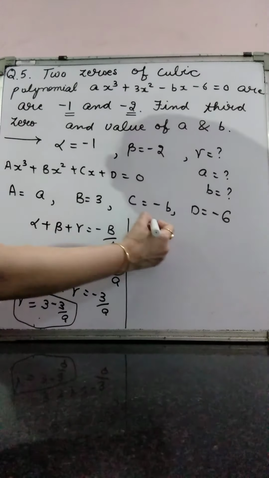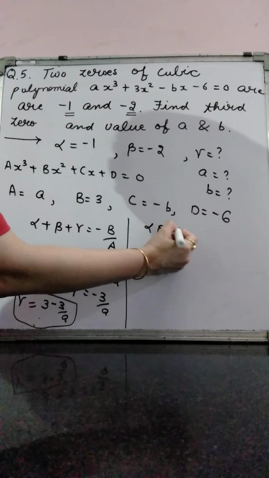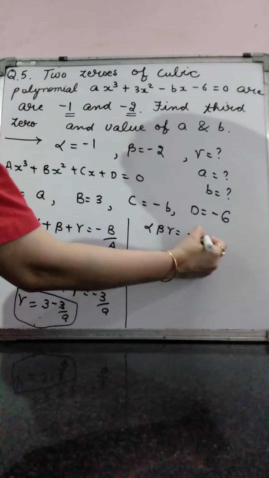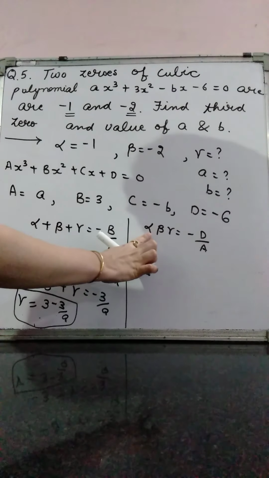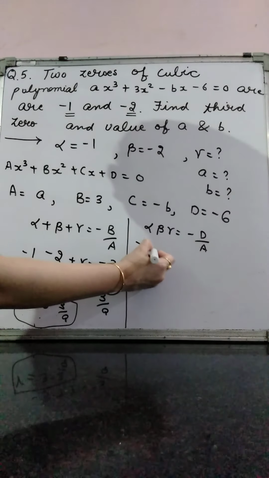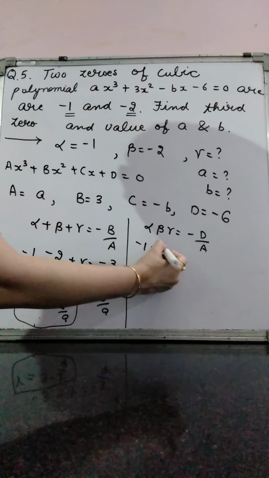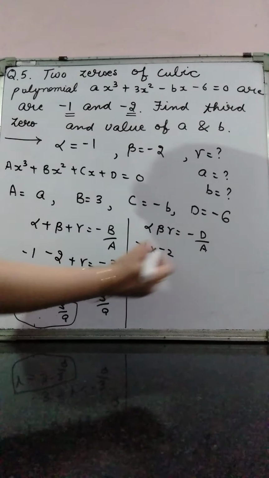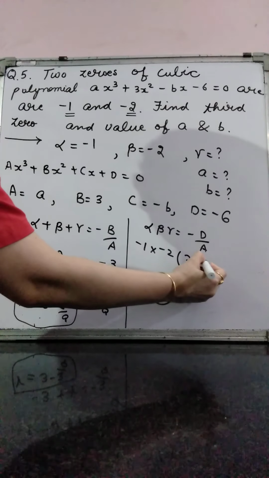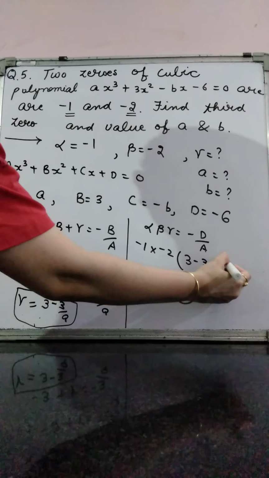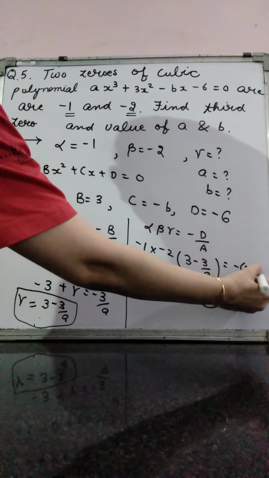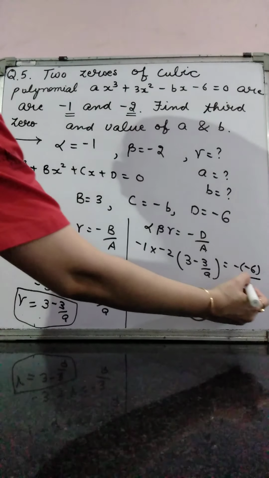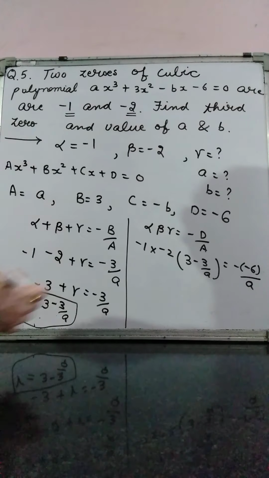Now apply the product of zeros, alpha beta gamma is equal to minus D by A. Substitute the value of alpha, that is minus 1, the value of beta minus 2, and the value of gamma from here, 3 minus 3 by a. And the value of D is minus 6, and the value of capital A is small a.